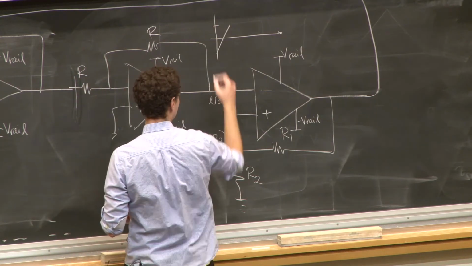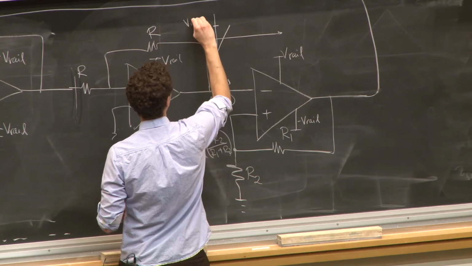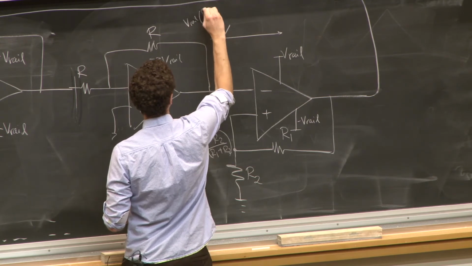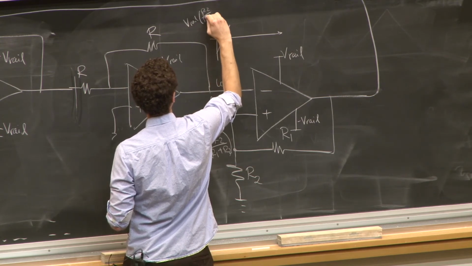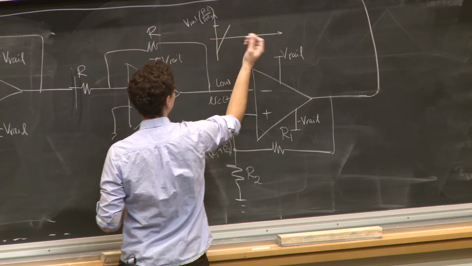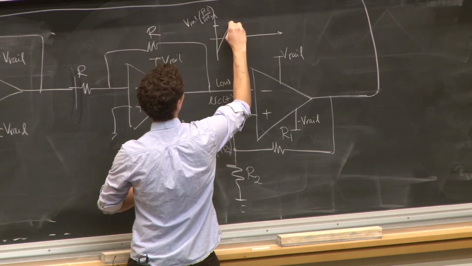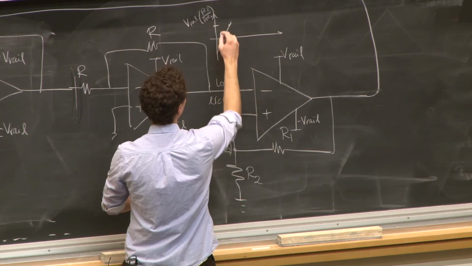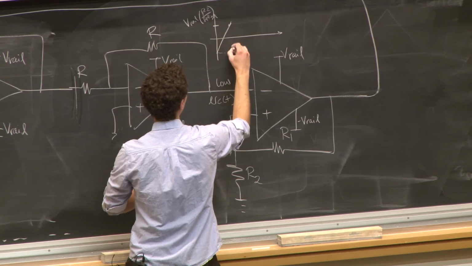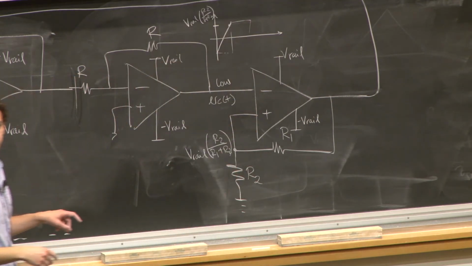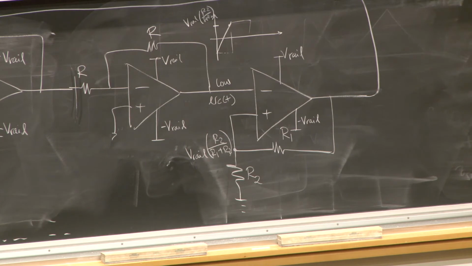So once I reach this V rail times R2 over R1 plus R2, which I've written very small, but you can see it down here, you switch. The output voltage, which was previously low, suddenly goes high. And we didn't have to get all the way to the rail. So that was a good suggestion. That works out pretty well.